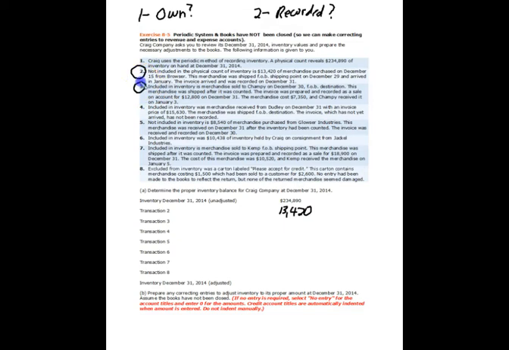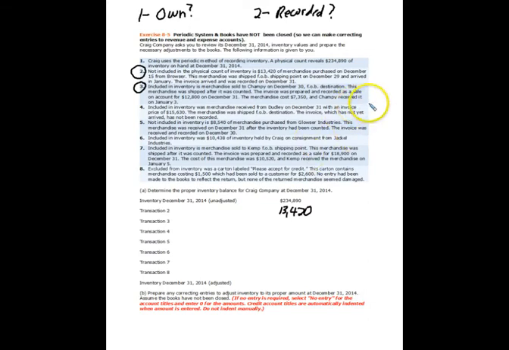Let's do number 3. Included in inventory is merchandise sold to Champy on December 30th, FOB destination. This merchandise was shipped after it was counted. The invoice was prepared and recorded as a sale on account for $12,800 on December 31st.